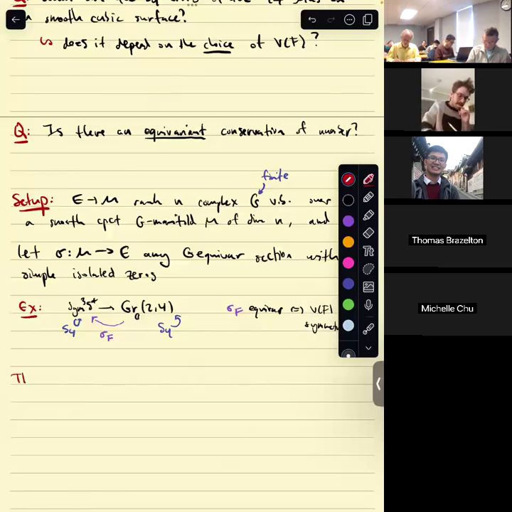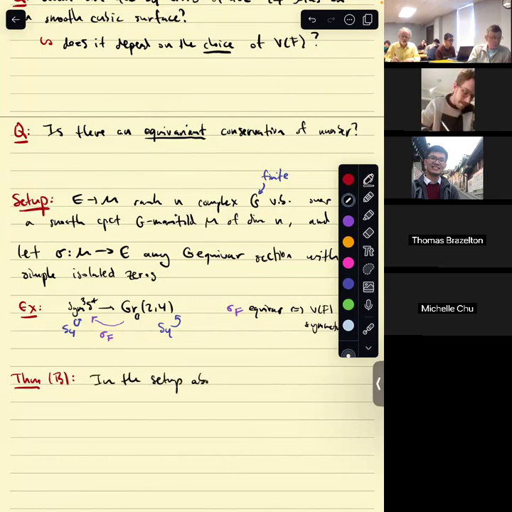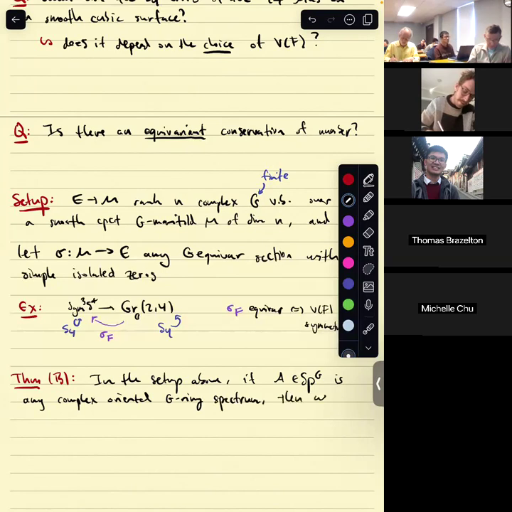And so here's the following theorem. I'll state a version of the theorem, and then we'll work towards getting a usable version of the theorem. So the version is in the setup above. If A is any complex-oriented G ring spectrum, then we get a well-defined Euler class.